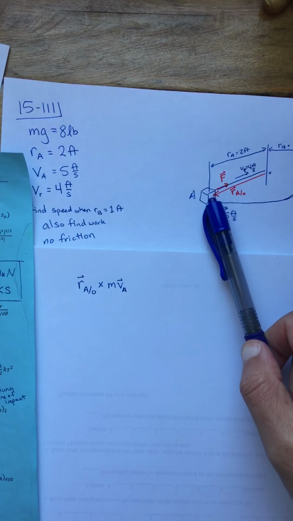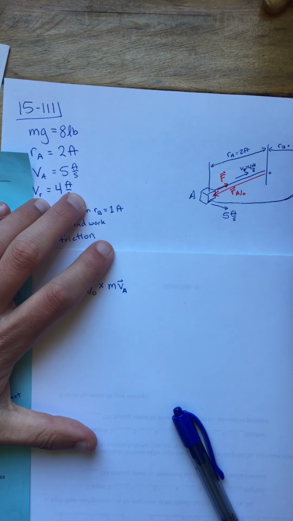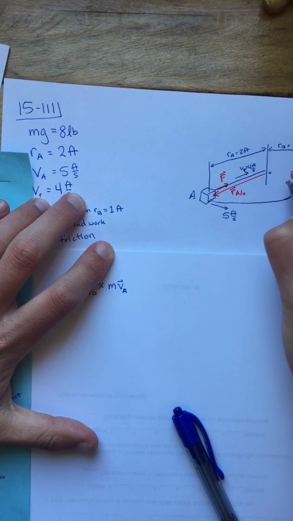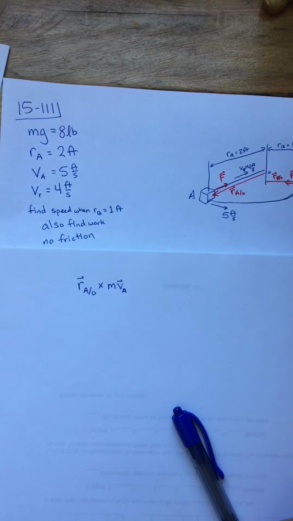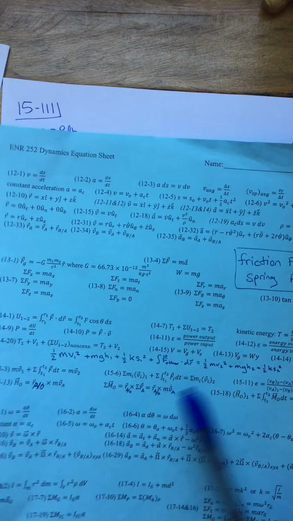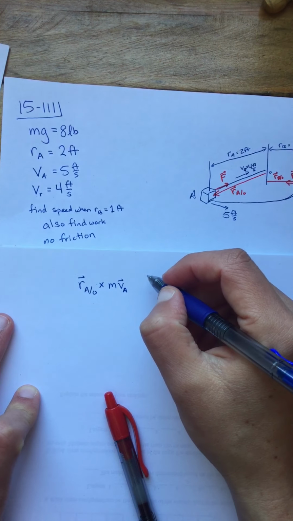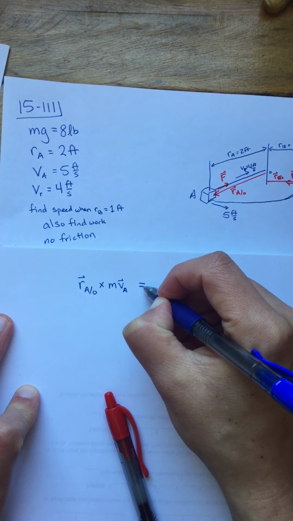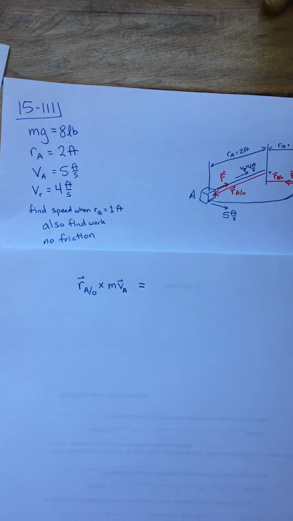That's true not only at point A, but at every point along the way. So when I'm at point B, the force that the cord exerts on the block is pointing inwards, but my vector, the position of B with respect to O, is pointing in the opposite direction. So this cross product is always going to be equal to 0. So the angular impulse is equal to 0. So the initial angular momentum must equal the final angular momentum.